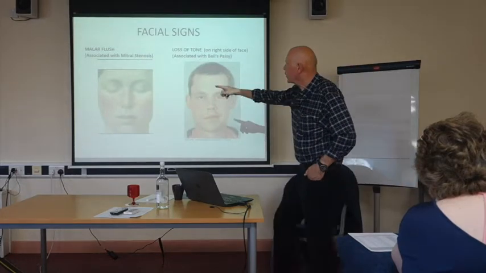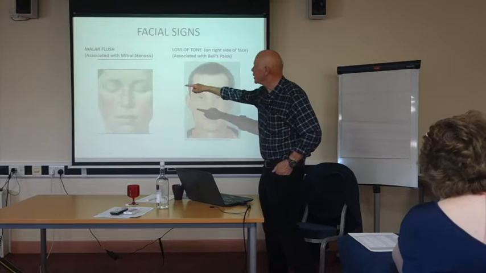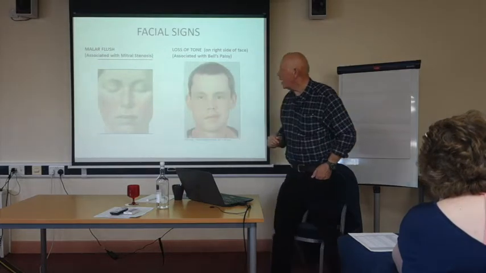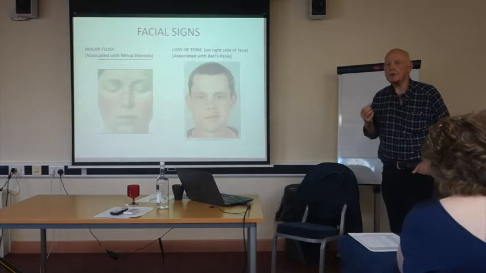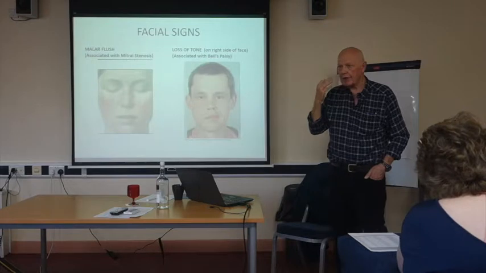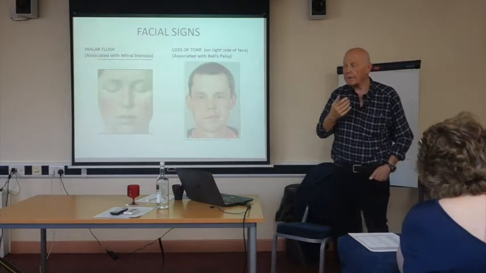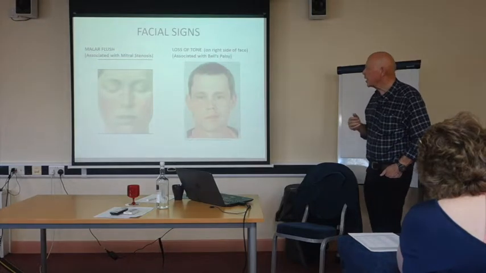You might get a malar flush, a kind of butterfly-shaped rash going around there. From a cardiovascular point of view, that can be associated with mitral stenosis, but a similar rash can also occur in rheumatological conditions. So again, if you see it, it's worth checking.